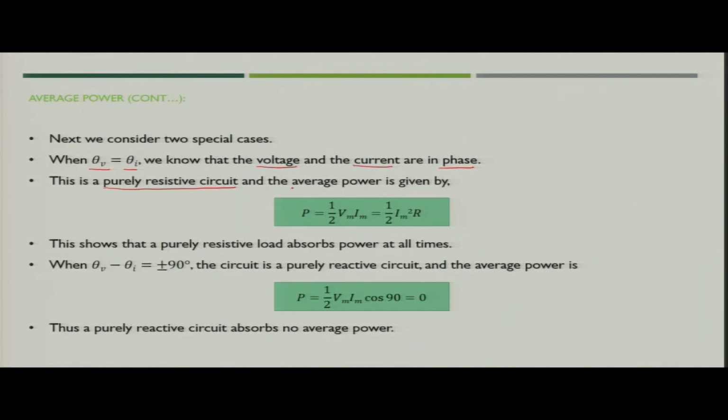Now, if the circuit is purely resistive, the average power can be given by P is nothing but 1 by 2 Vm Im, because theta V minus theta I will become 0.